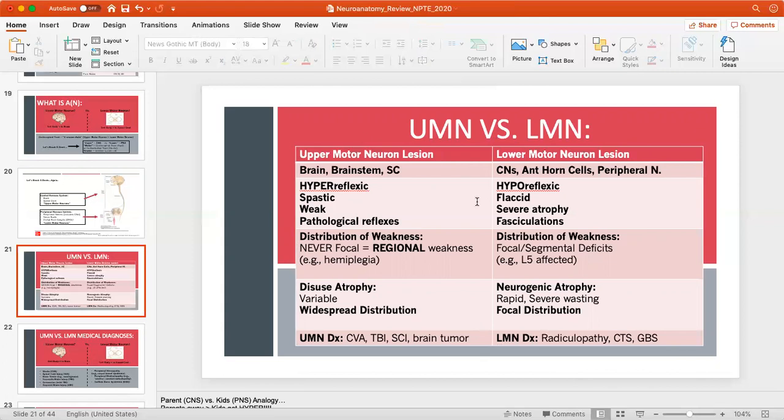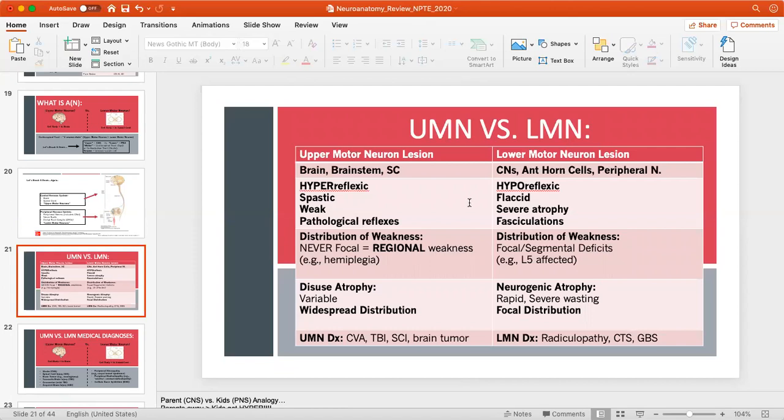The analogy I really like to use is that of a child and a parent. If you think of the parent as the upper motor neuron, and the child as the lower motor neuron, I think it helps to explain these deficits. So if you have a parent who's there, but the kid is dysfunctional, then the kid's no longer there, and the parent gets to take a nap.